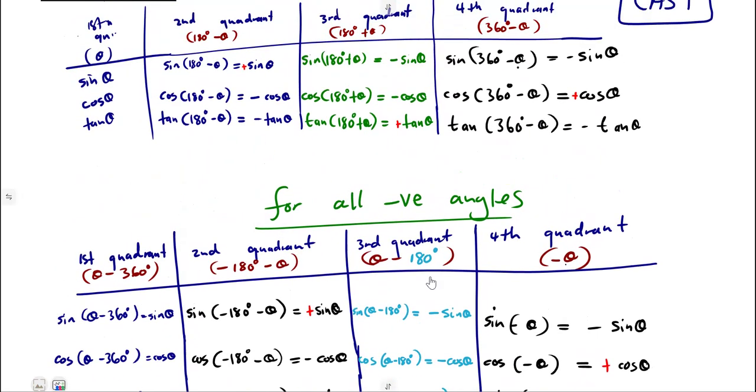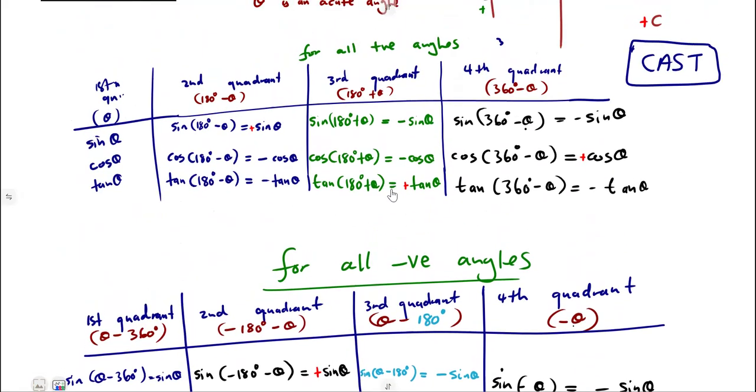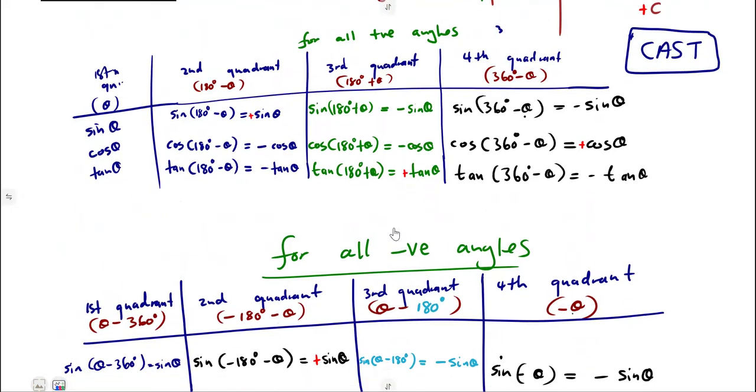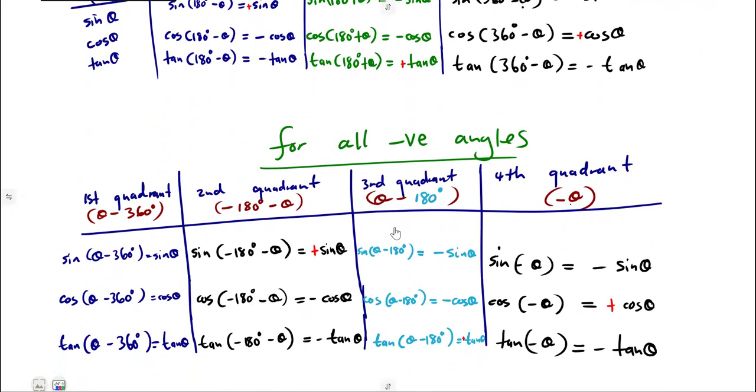As reduction is considered, it's for both positive and negative angles. So do revise this so that as we are going to have questions, you know where exactly this is taken from. So let's revise as many questions as we can.